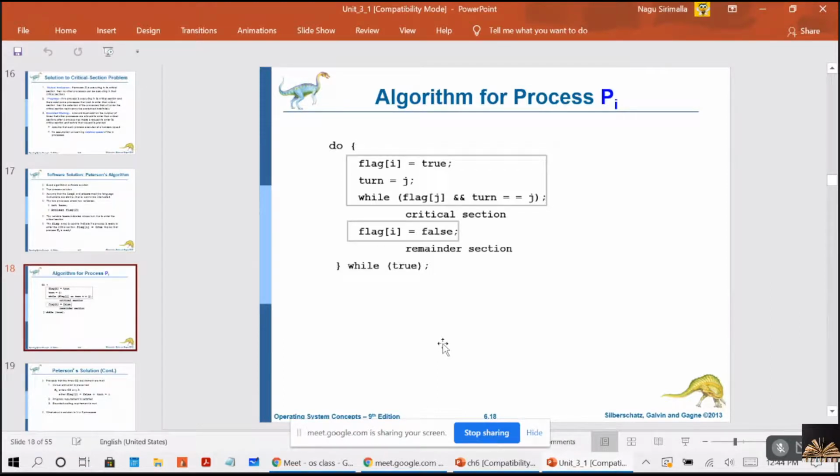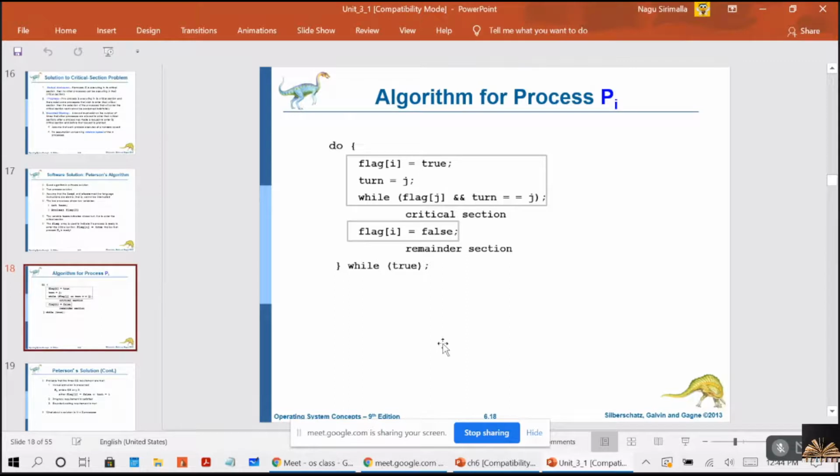If both processes try to enter at the same time, then turn will be set to both i and j at the same time, but only one of these assignments will be taken. The other will occur but will be overwritten immediately, right? First it will give the turn to i, then immediately it will change the turn to j.